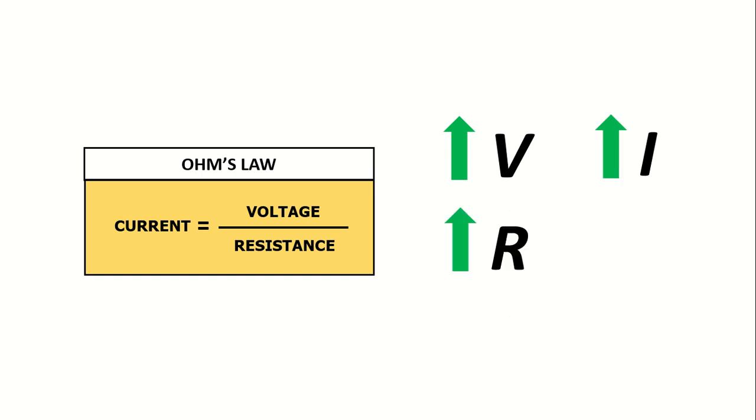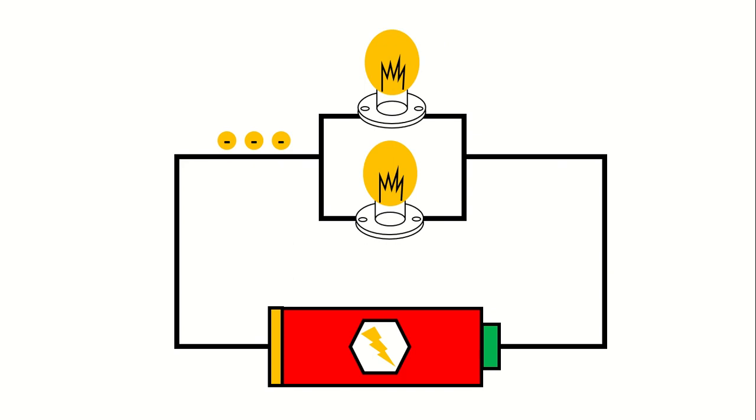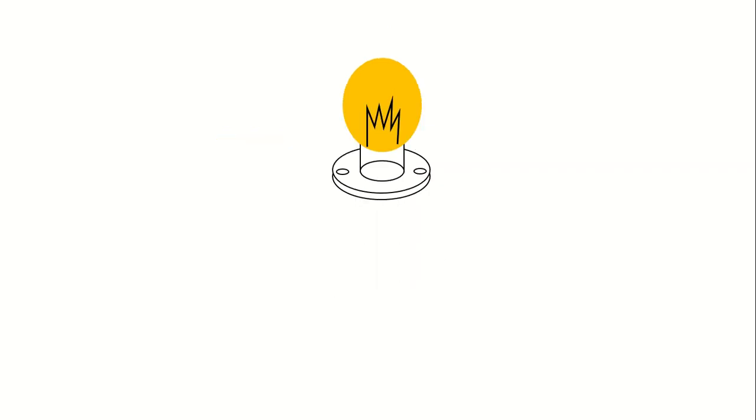But if resistance is increased, the current will instead decrease. Adding more light bulbs in series will add up the resistance, so they will look dimmer, which indicates less current flowing through. But putting the two light bulbs in parallel will reduce the overall resistance, as there are more pathways for charges to flow. The light bulbs will then look brighter.